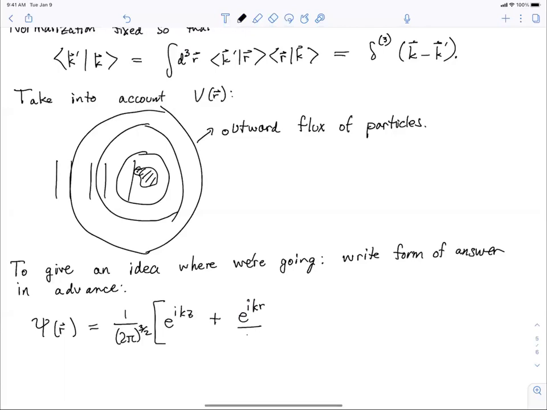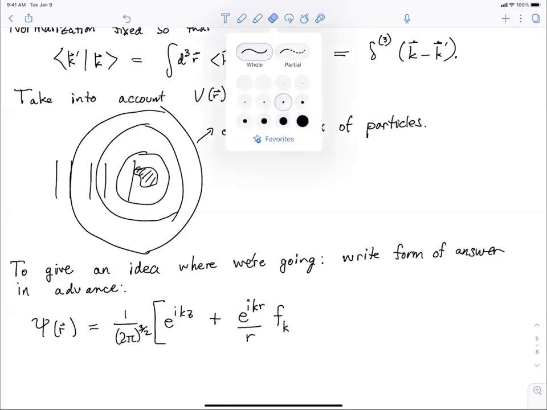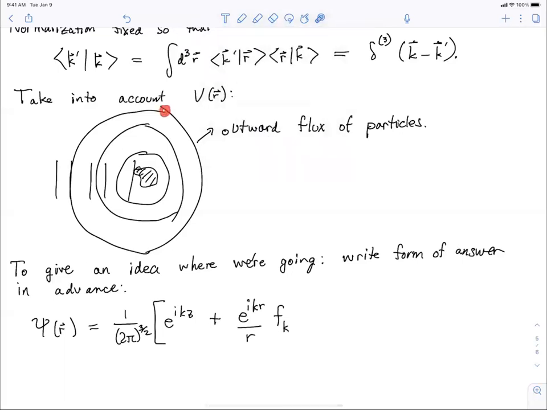And then I have to divide by r, it turns out, to get this to make sense. And then there's some factor that depends on k, but it also depends on the angle, because the waves that are going out don't have to be the same. For example, if I'm here rather than here, rather than here. So these waves can depend on theta and phi.